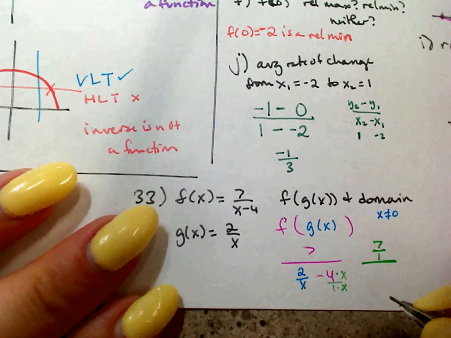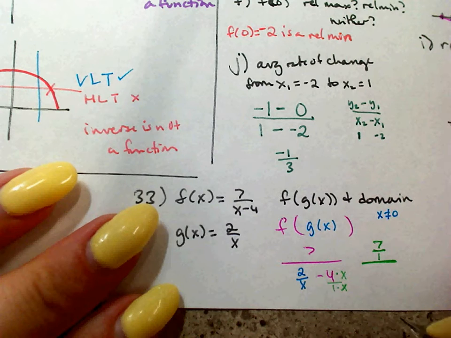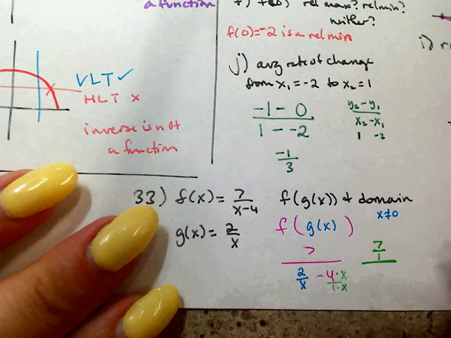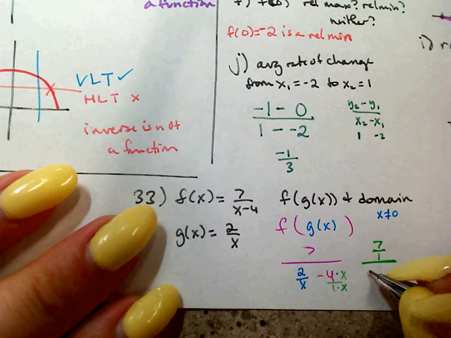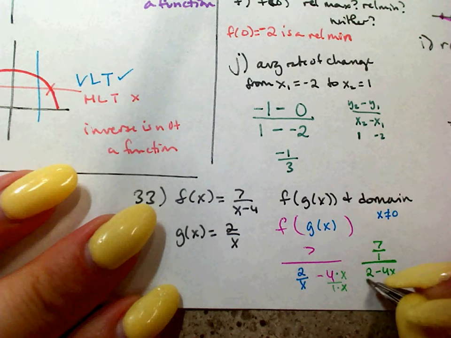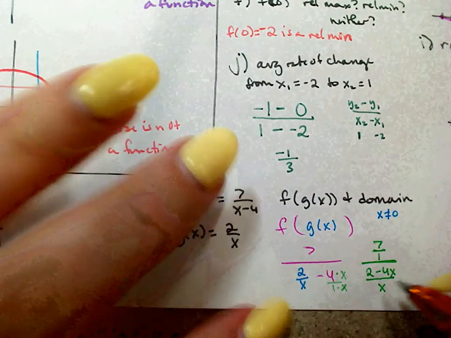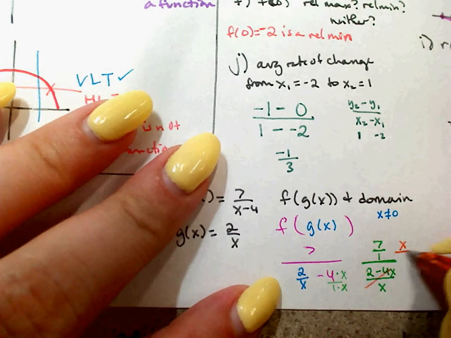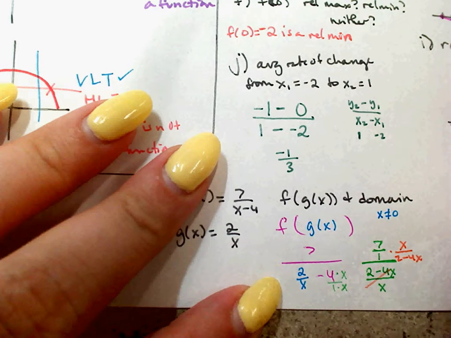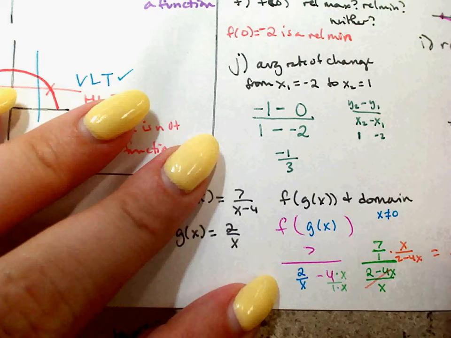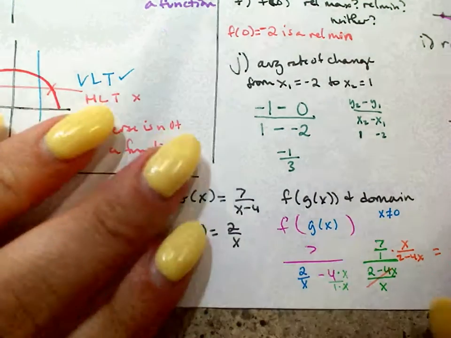Okay. Just over here. Okay, so the denominator I'm going to combine to 2 minus 4x over the common denominator x, and then I'm going to flip and multiply by x over 2 minus 4x, and simplify. 7 times x is 7x, and then 1 times 2 minus 4x is 2 minus 4x. So remember, when we're finding domain, the first step is find the domain of the interior function. We did. x cannot equal 0.